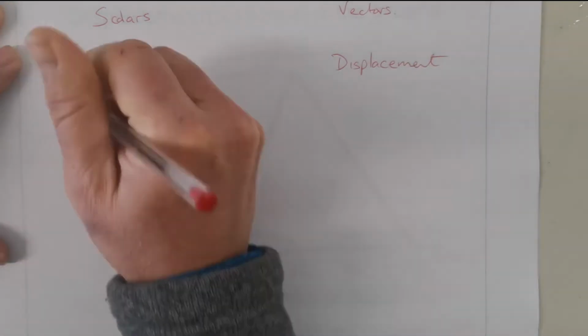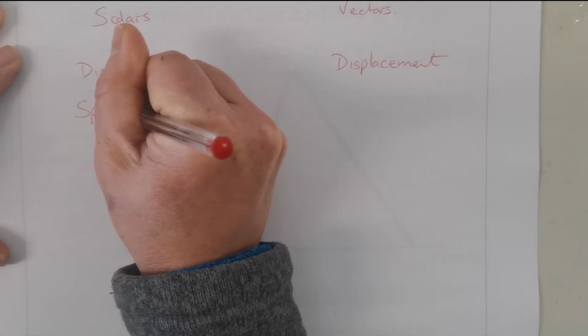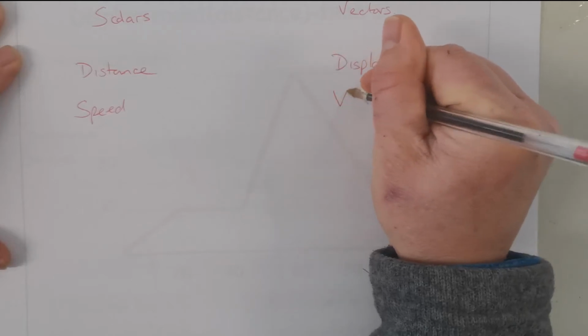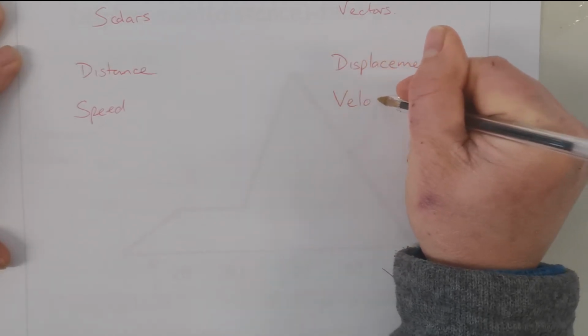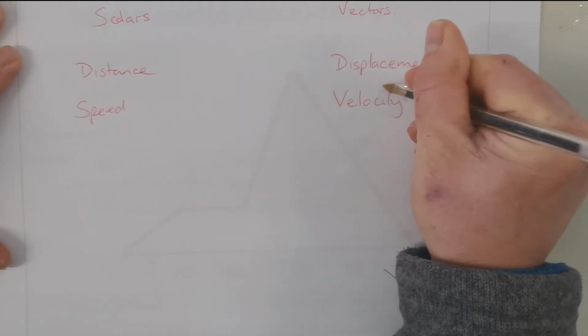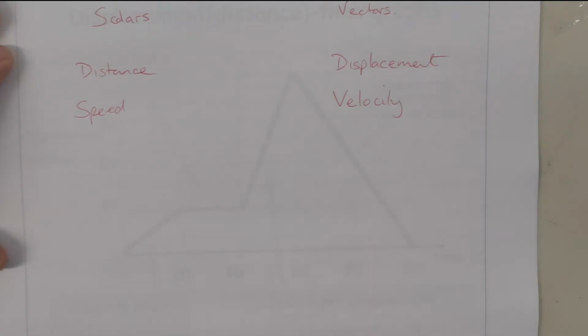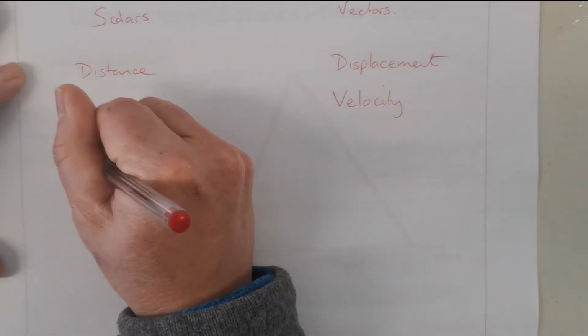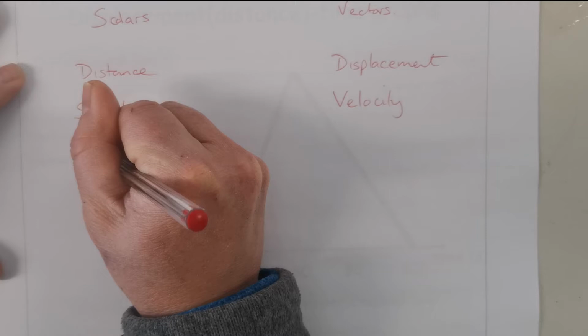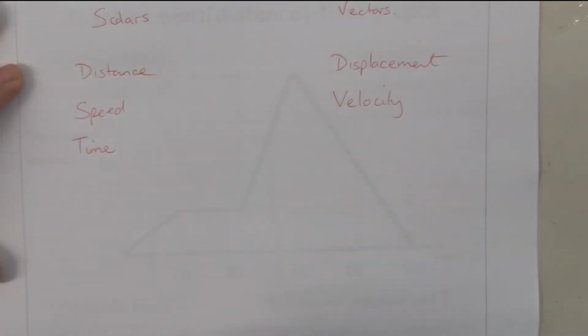We also know we have speed, and that's matched up with velocity. Here are some more scalars. Time is a scalar. Time, you just measure time. It doesn't really have a direction as such.